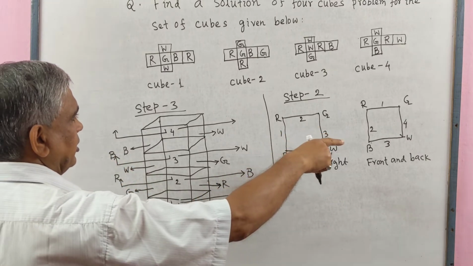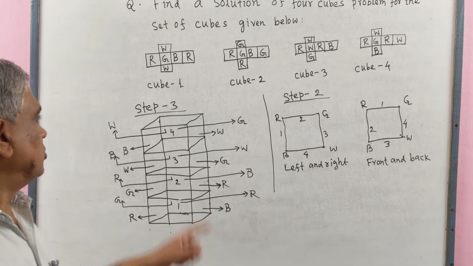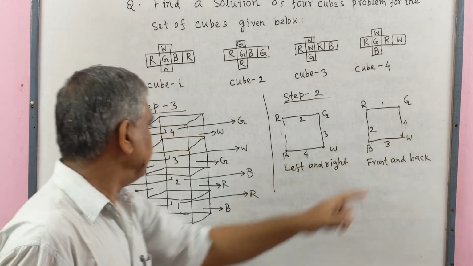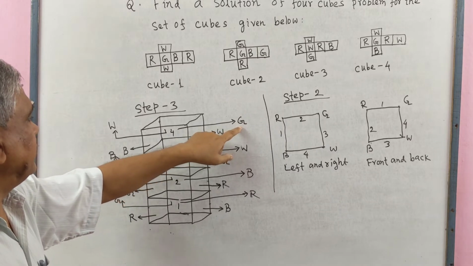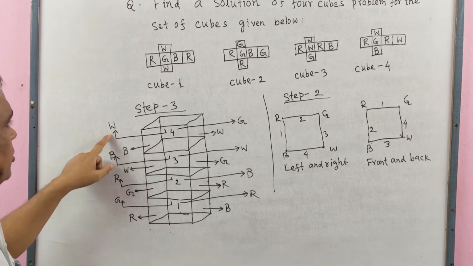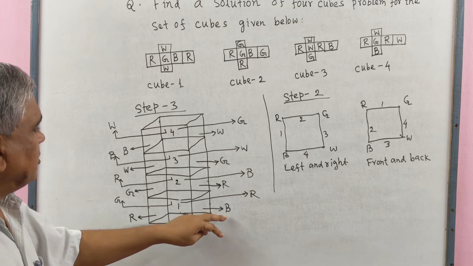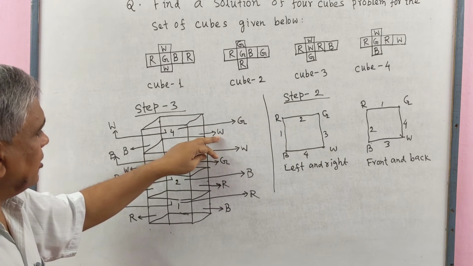And fourth is W and G. Already we have W here, so in the fourth cube we give G here and W on this side.